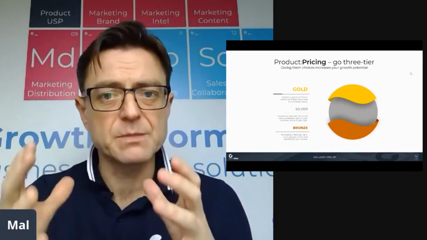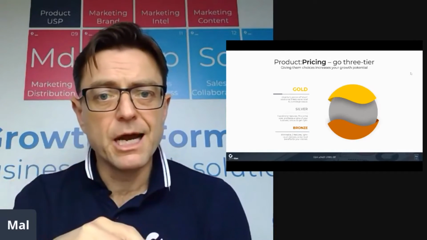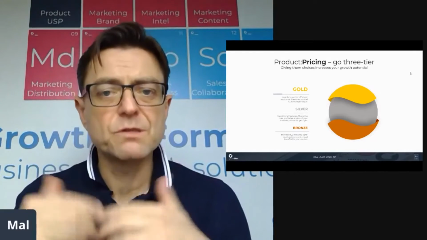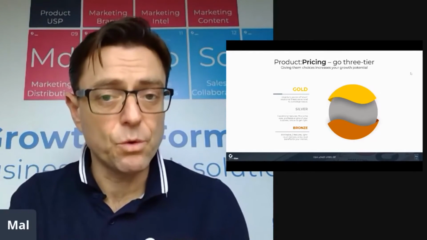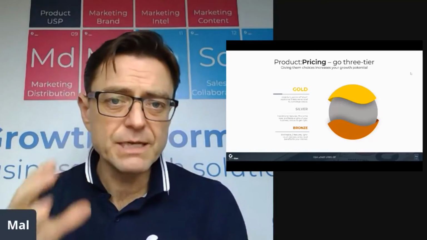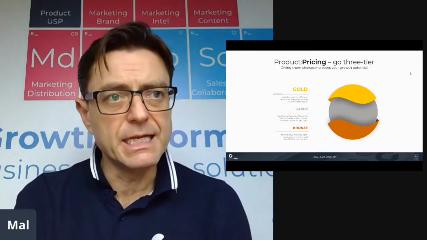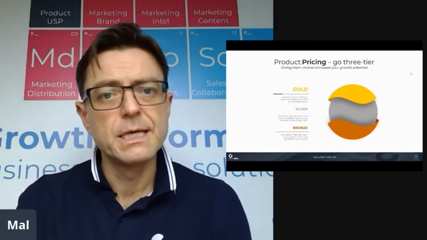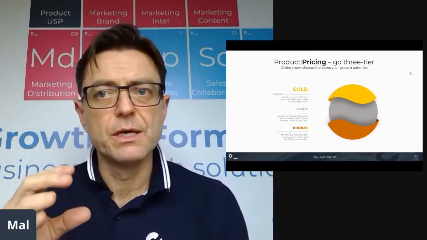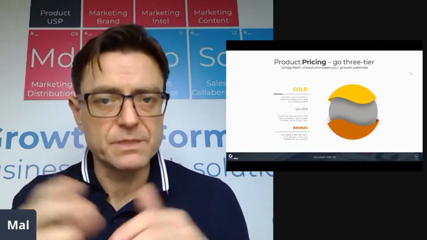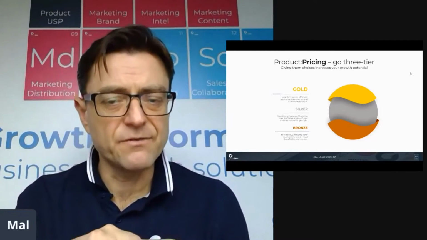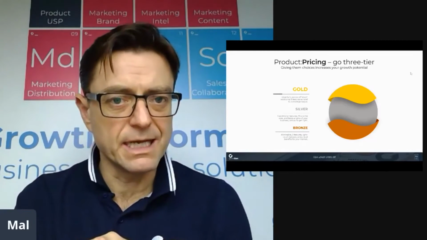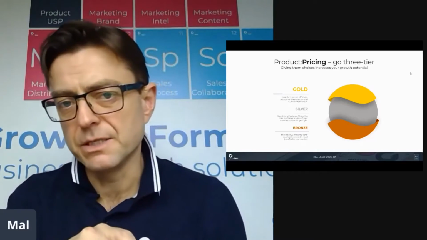That's going to have the maximum adoption and is going to be the one that people most frequently will know you for. Okay, and the really important thing about the silver is that it's got this profit in it. All right, you can play around with the bronze and the gold, but silver has to be profitable. Okay, it has to have enough in it that when you sell a load of these, it is going to make you some money.